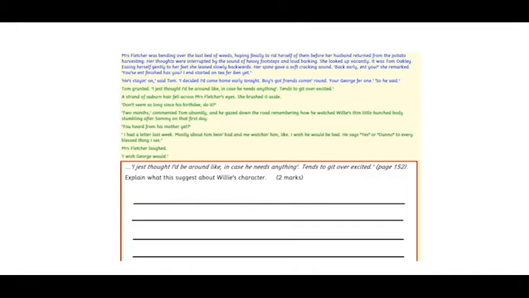Her spine gave a soft cracking sound. "Back early, ain't you?" she remarked. "Yous ain't finished, has you? I ain't started on tea for Ben yet." "He's staying on," said Tom. "I decided I'd come home early tonight. Boy's got friends coming round. You're George for one." So he said.